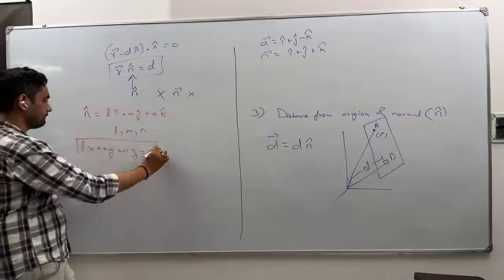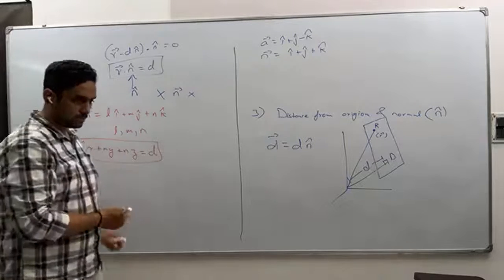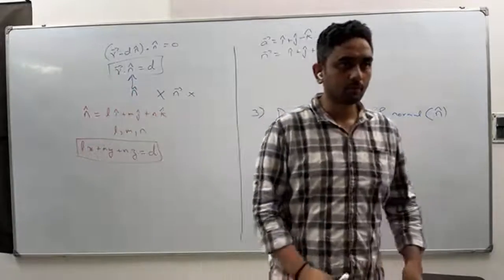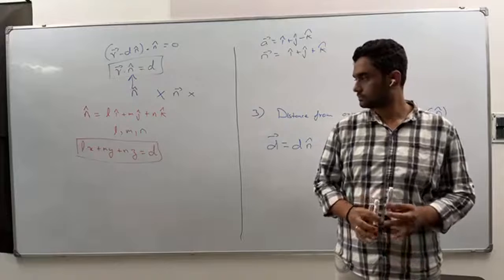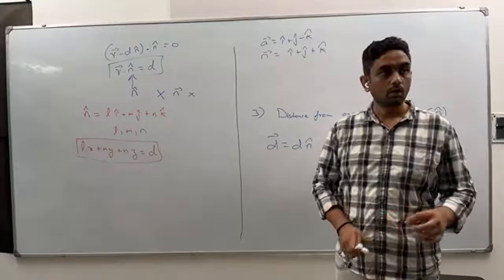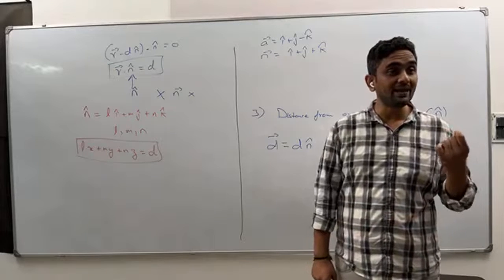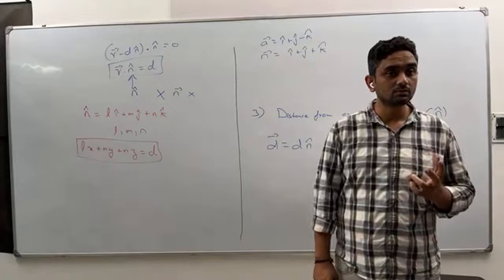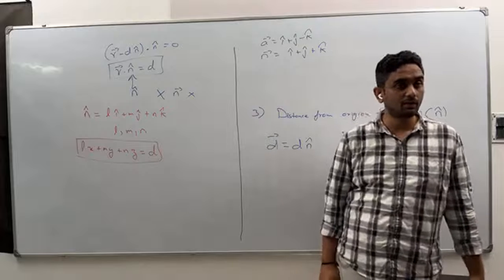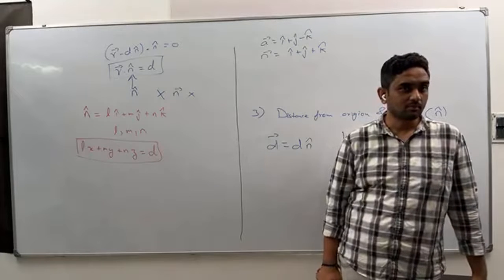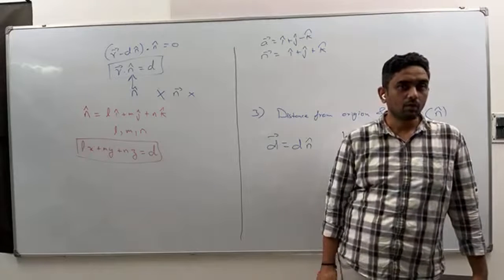This should be equal to d. This is what we will get. Now over here, the important thing is that l, m, n are our direction cosines, not the ratios. Remember this. If you change it, you will be in big trouble. All of you are clear?